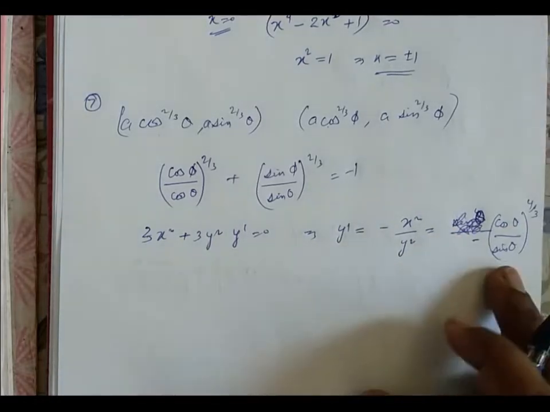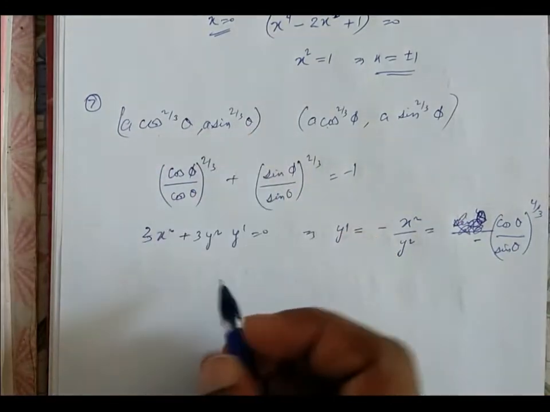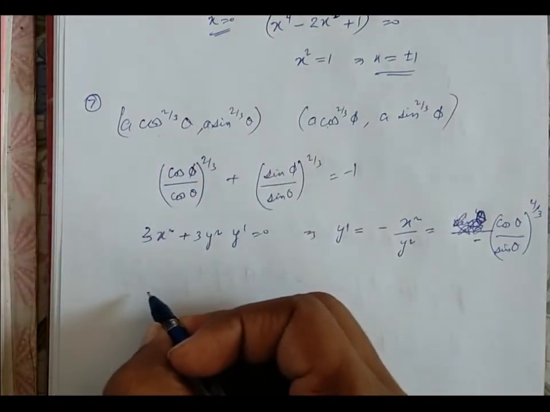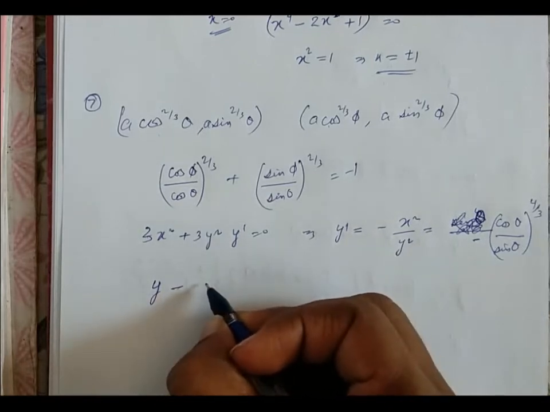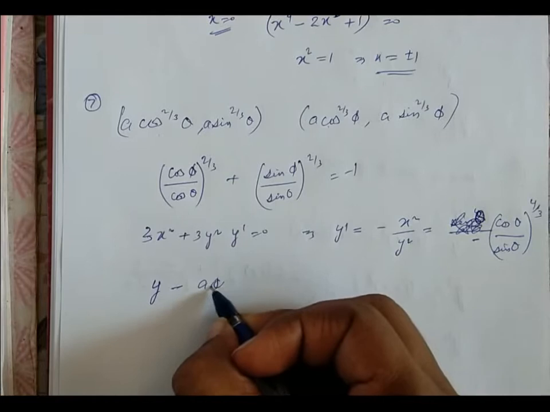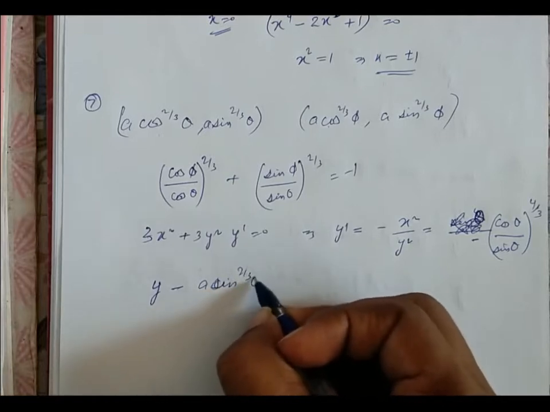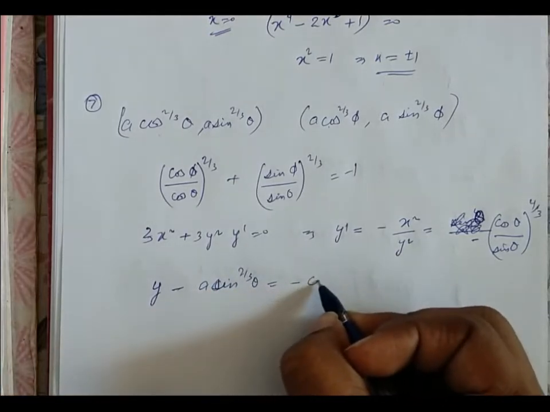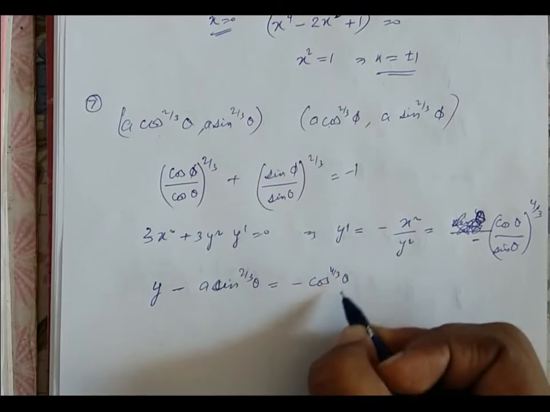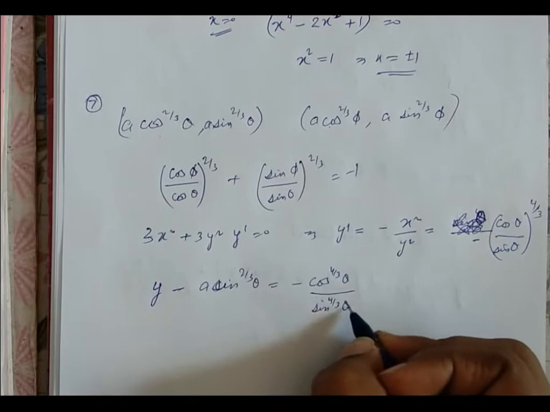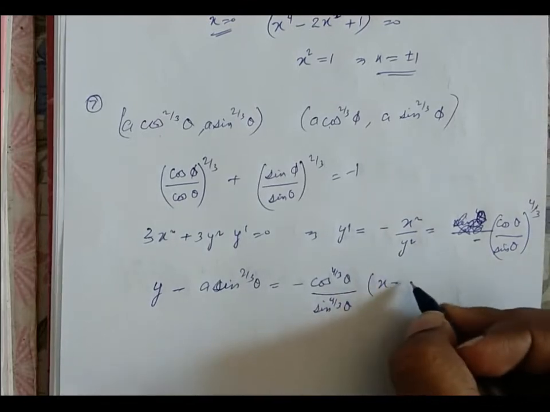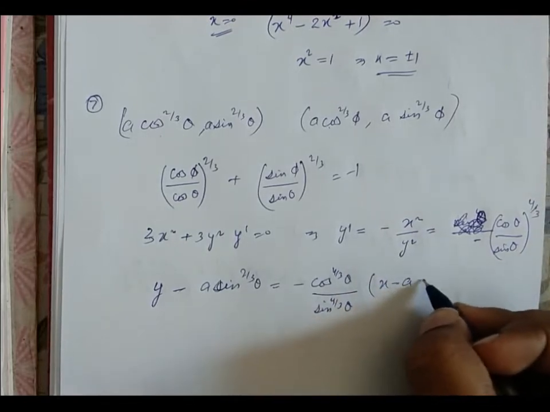Okay, now we know the slope, we know the point. So the equation of tangent would be y minus y1 is equal to the slope times x minus x1.